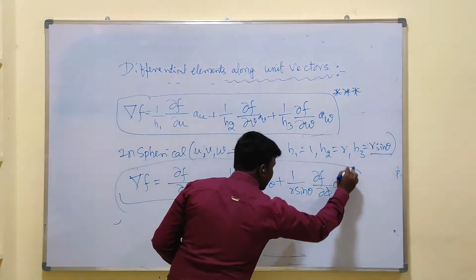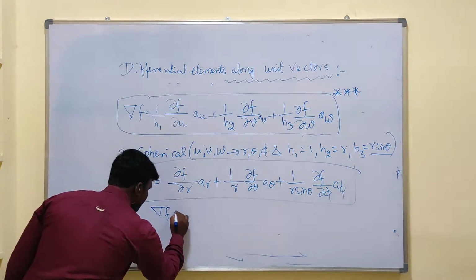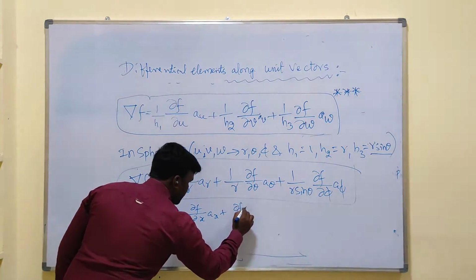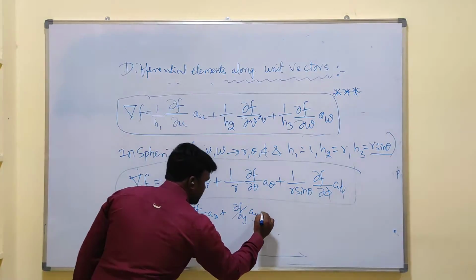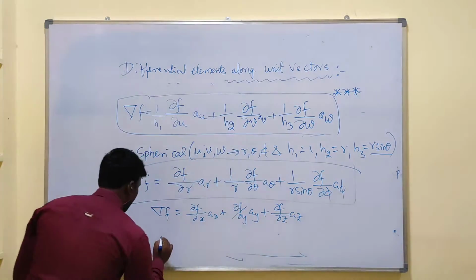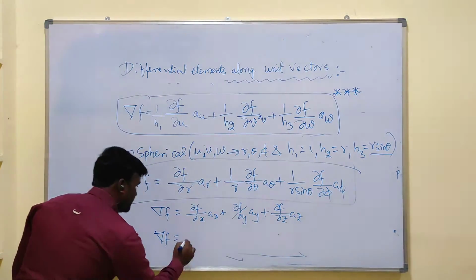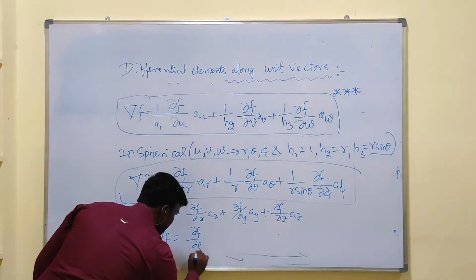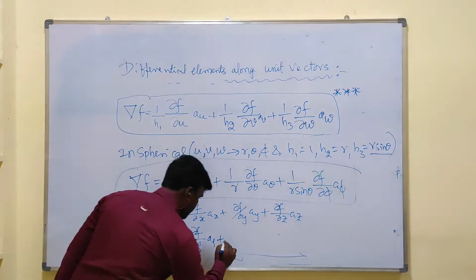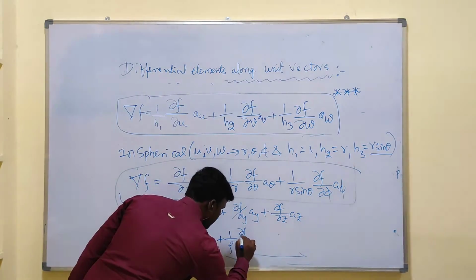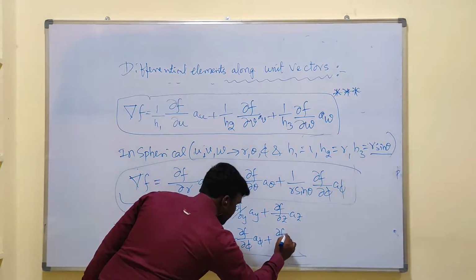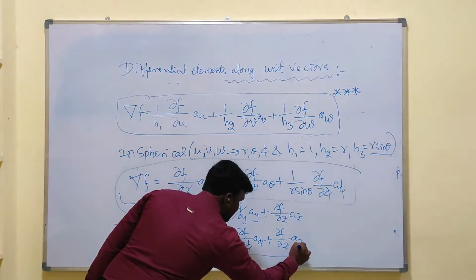Now I can easily write the gradient formula in the remaining coordinate systems. In Cartesian, dou f by dou x a x plus dou f by dou y a y plus dou f by dou z a z. And in cylindrical, del f is dou f by dou rho a rho. The multiplication factor h1 is 1 only, and h2 is rho, that's why I am taking 1 by rho dou f by dou phi a phi, second element, and the last one is the same as in Cartesian, that is dou f by dou z a z.